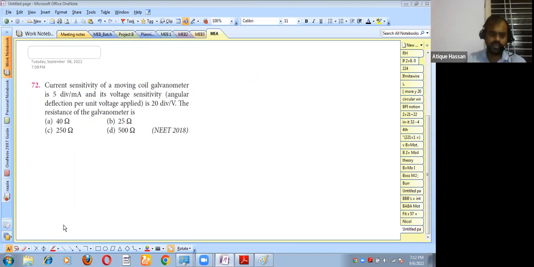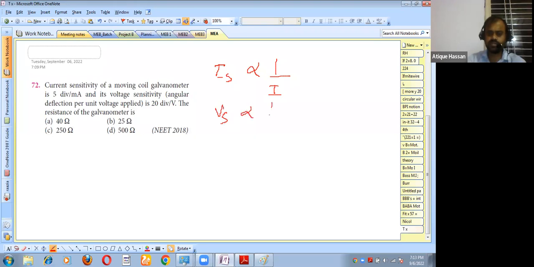So we have learned that current sensitivity IS is inversely proportional to current, and we know that voltage sensitivity is inversely proportional to resistance, right?